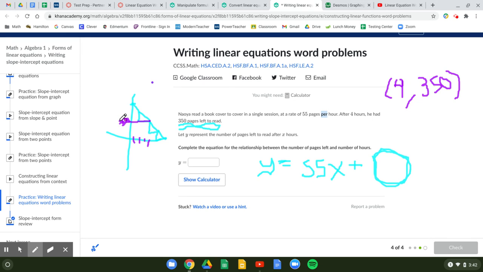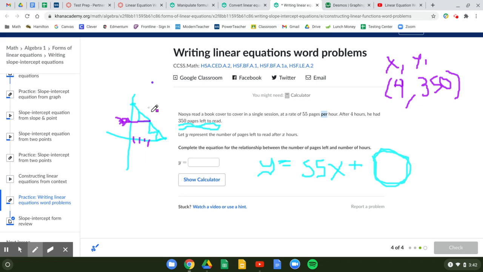All right, so that's what we know. We're going to use that point slope formula again with our x1 and y1 to try to figure out how many pages had to have been in the book when he started.